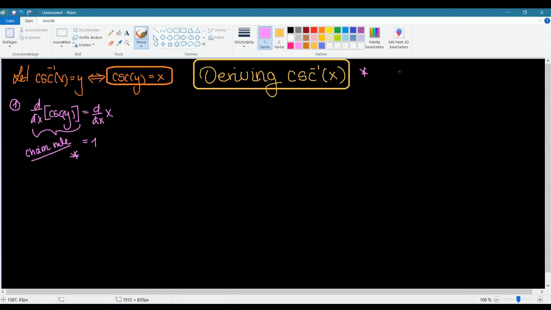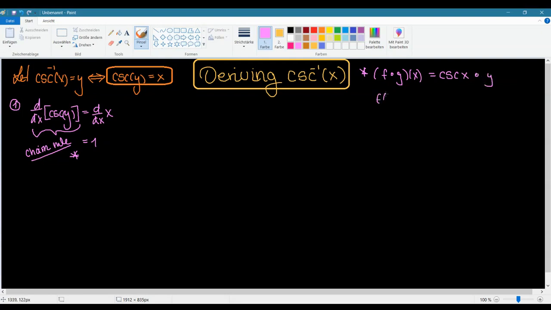Well, the first thing that we want to write down is our outer and our inner functions, and then we'll know what we're composing with what, because the chain rule is required because this is a composite function. I'm going to use f and g notation. This is going to be f composed with g of x. Well, in this case, that is going to be cosecant x composed with y.